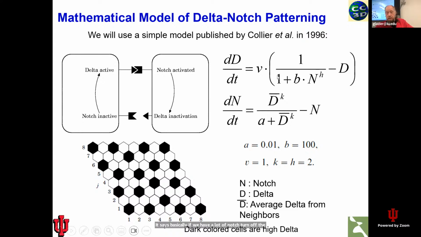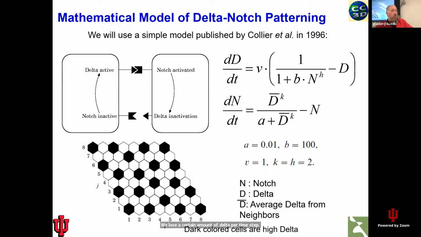When we create a chemical, we always have to have it decay. And so we have what's called first order decay kinetics. We lose a certain amount of delta per time step.